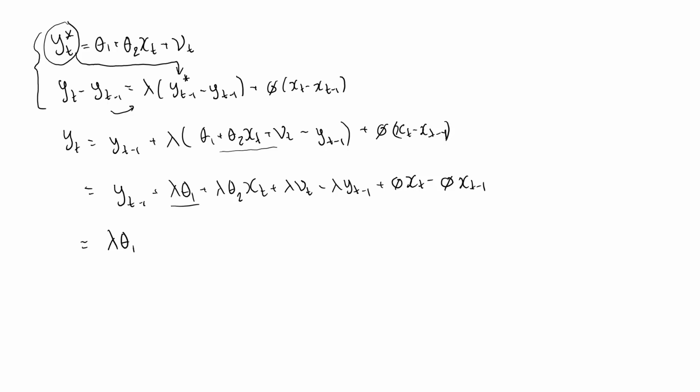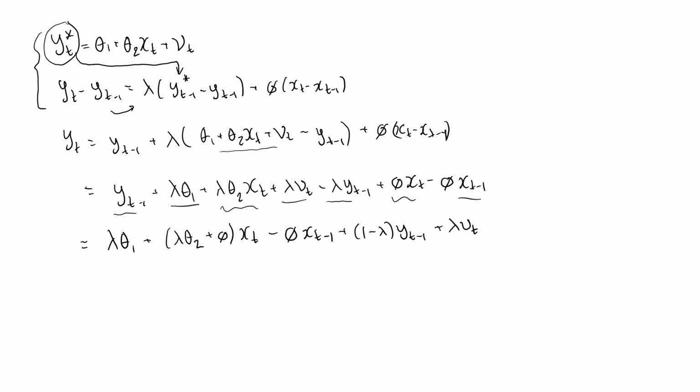If we look at xt terms, we have them here and here. So we have plus lambda theta 2 plus phi xt. We have lagged xt's here, so minus phi xt minus 1. And we have lag dependent variables here and here, so plus 1 minus lambda yt minus 1, and we're left with the error terms, lambda nu t.